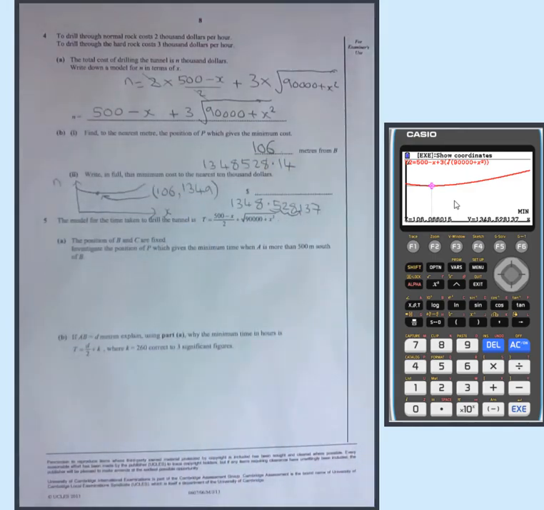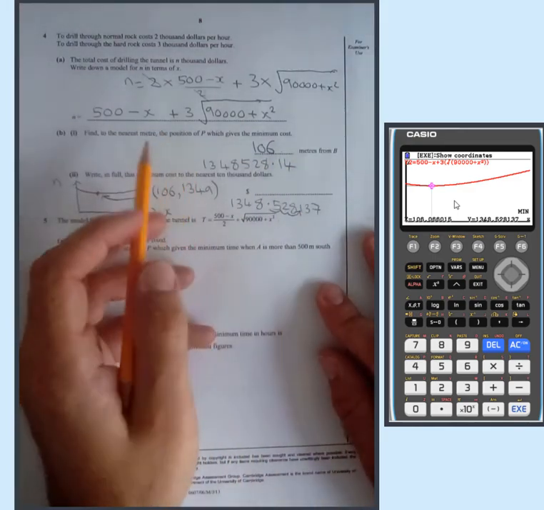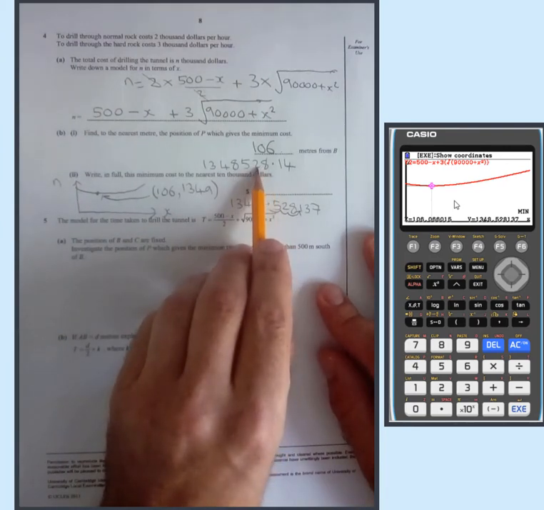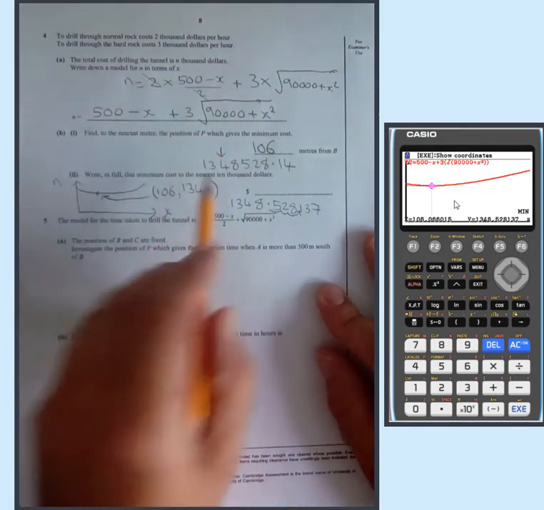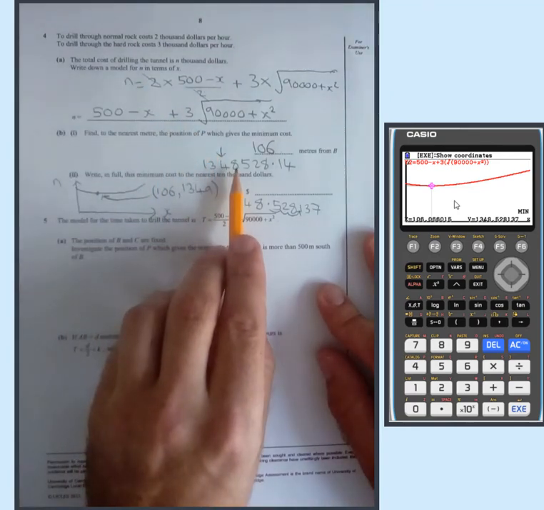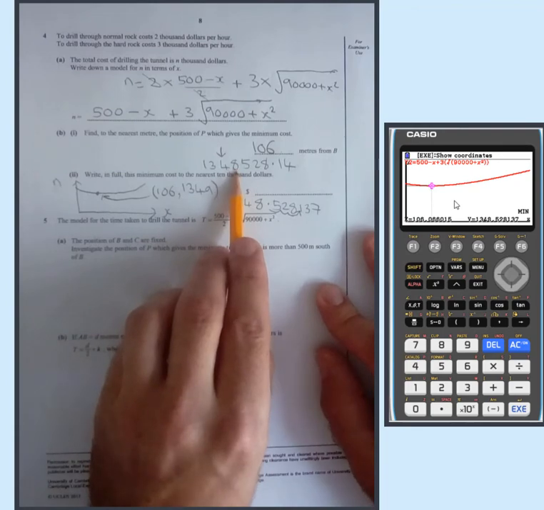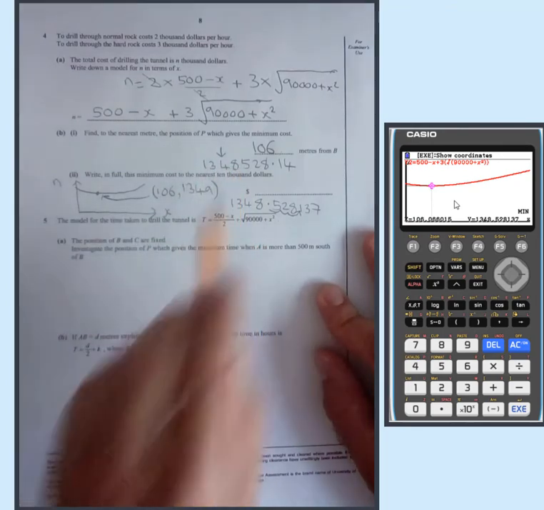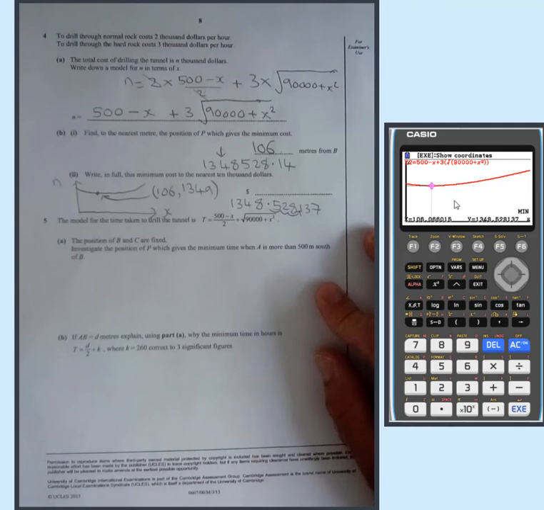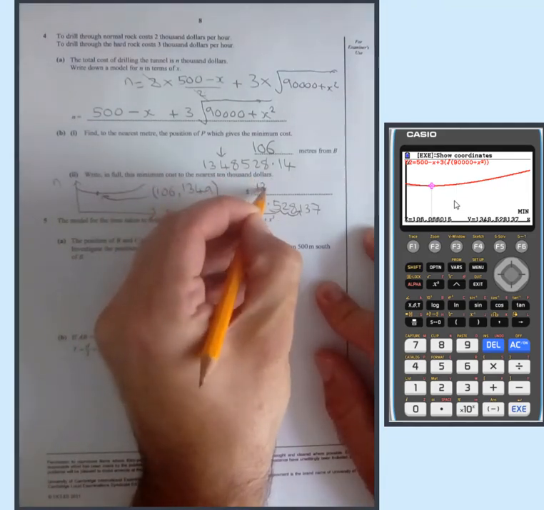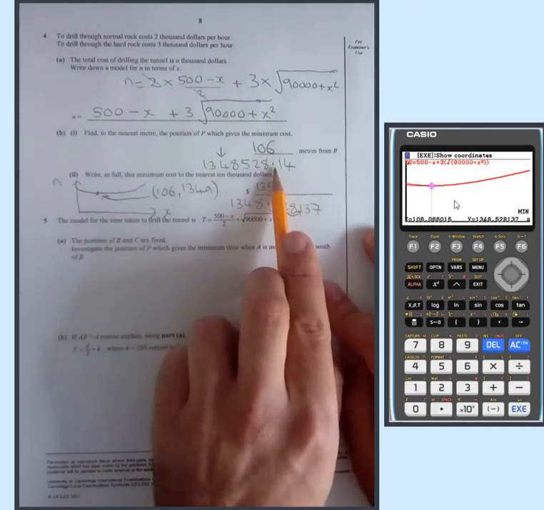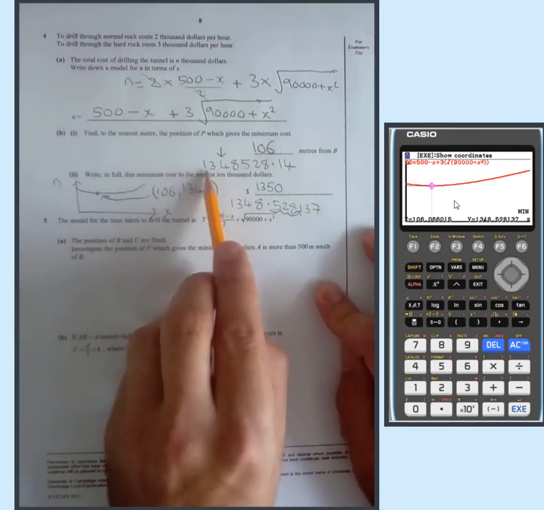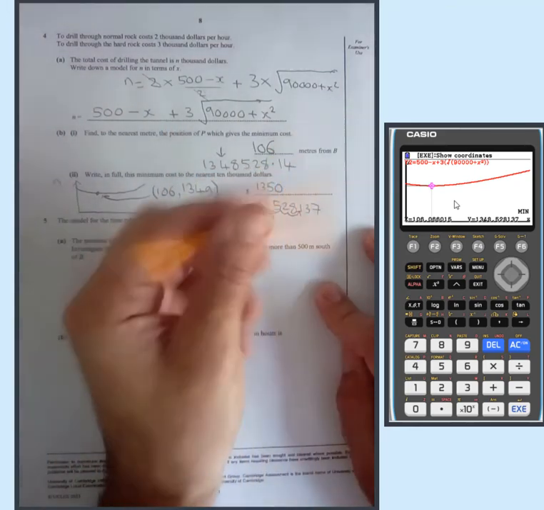And then to the nearest $10,000, well, you've got ones, tens, hundreds, thousands, 10,000. So that's the digit I'm interested in. The 4, you look next door, and the 4 will round up to a 5 because the 8 is bigger than or equal to 5. So it's going to be 1350, and we've been asked for the amount in full. So then we need placeholders up to the end of the ones. So 1, 2, 3, 4, and then we need 3 zeros there.